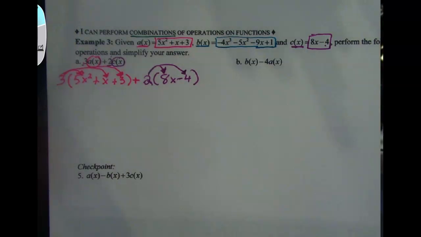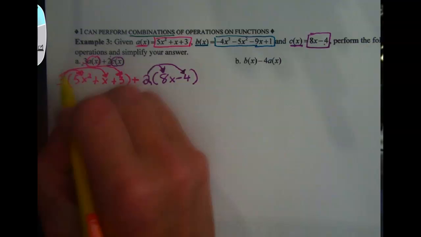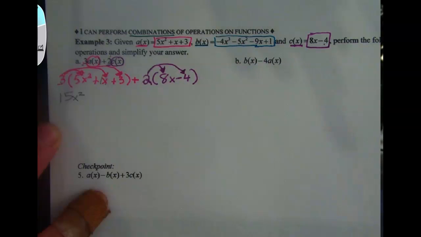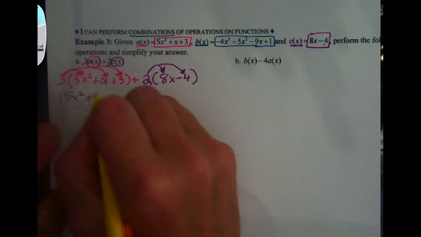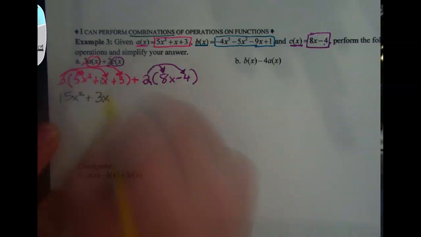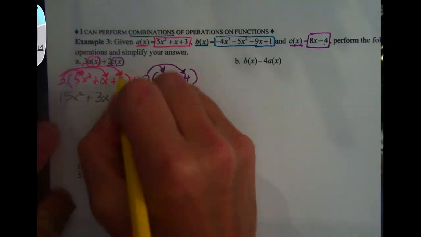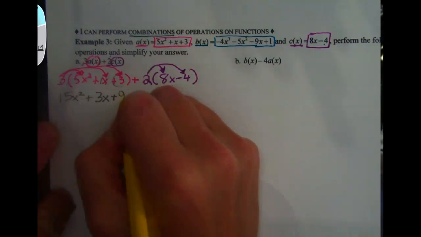So the first part I need to distribute. 3 times 5 is 15x squared. 3 times a positive x. Remember, that's like the imaginary one. So it's a positive 3x. And then 3 times this 3. Again, that's the sign in front of it. It's a positive, so it's 9.